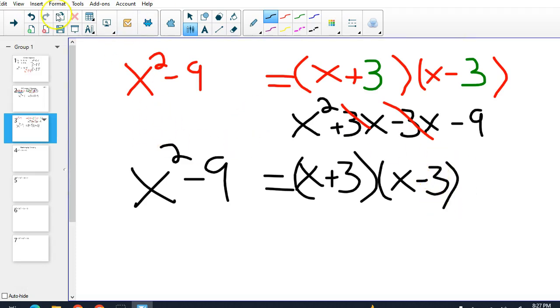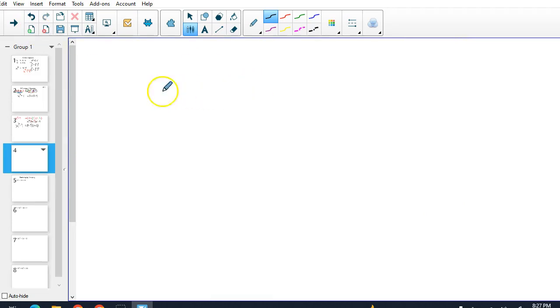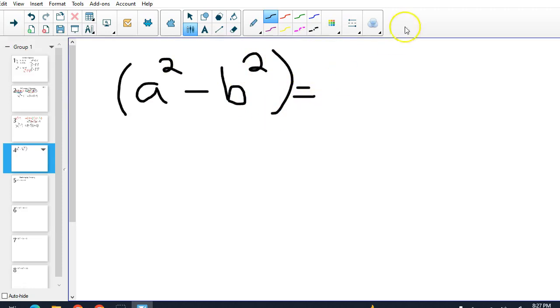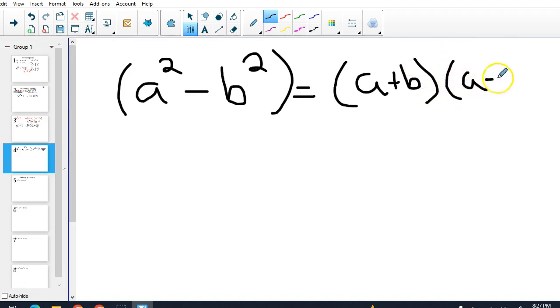All right, so the general, what we'd write this as is kind of like a formula. A squared, so it's a perfect square, minus b squared is equal to a plus b times a minus b.